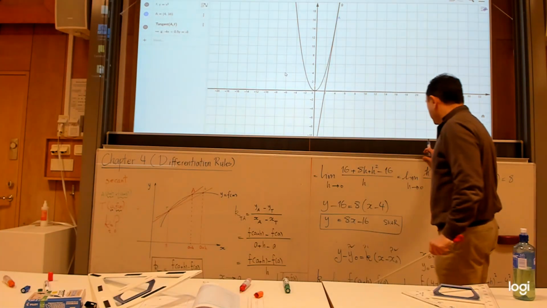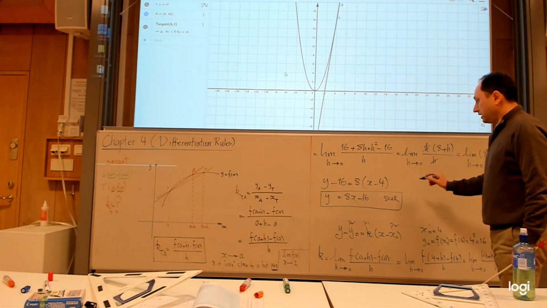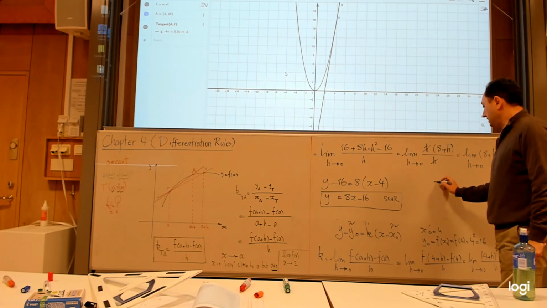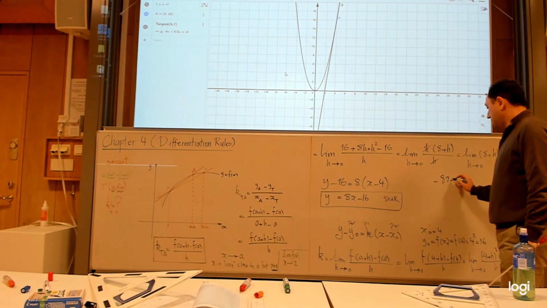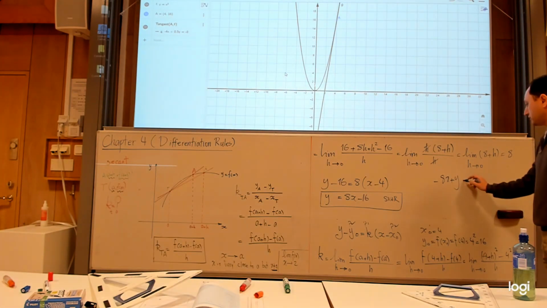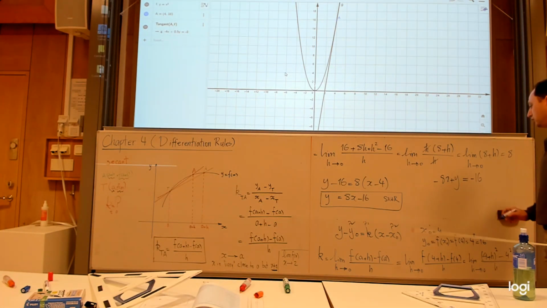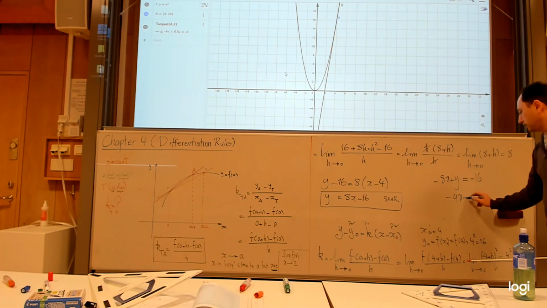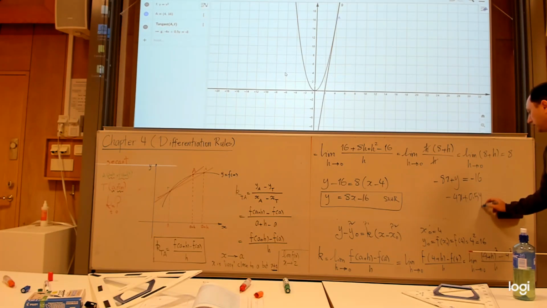If I move this to the right, it becomes minus 8x plus y equals minus 16. I don't know how the algorithm works, but for some reason they have divided by 2. So then it becomes minus 4x plus 0.5y equals minus 8, since minus 16 divided by 2 is minus 8. Yes? And that is exactly what we find.